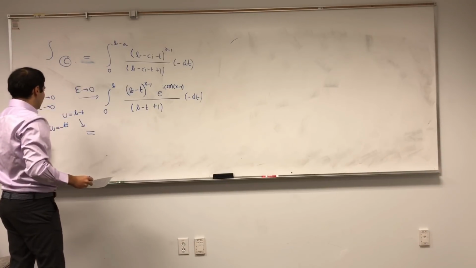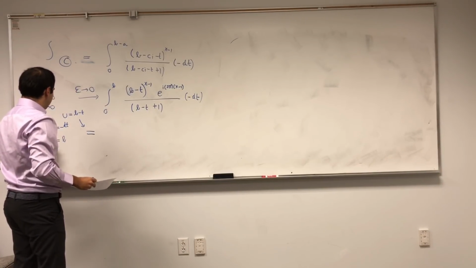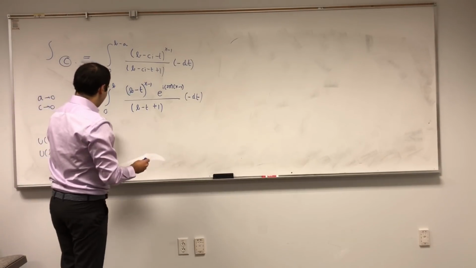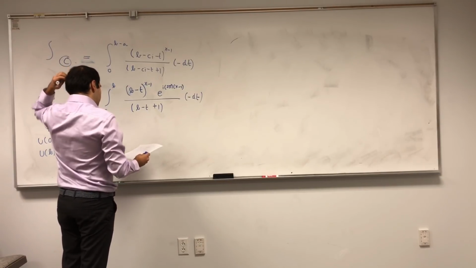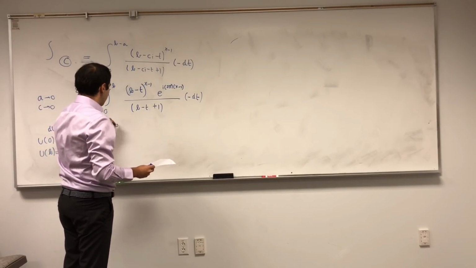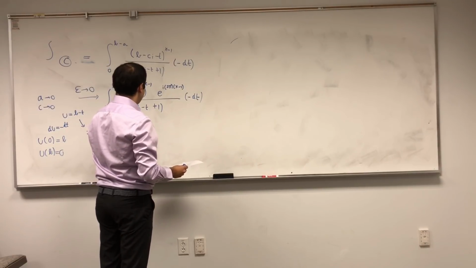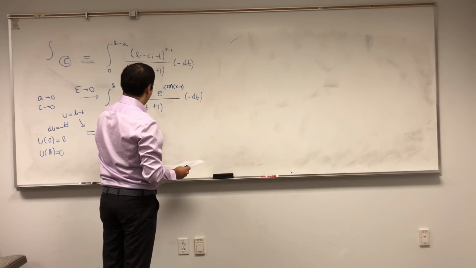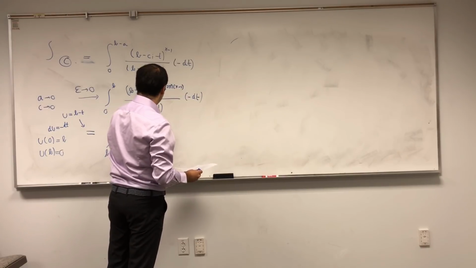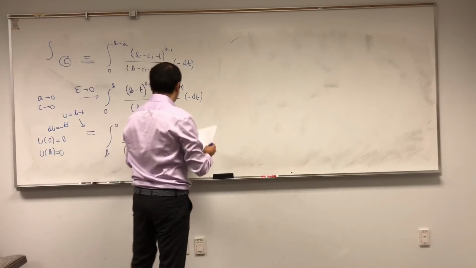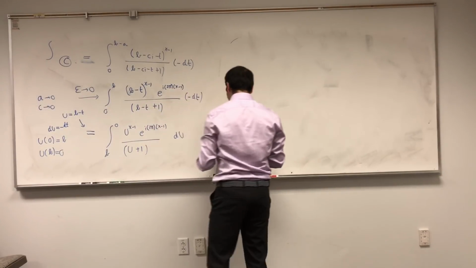Then u of 0 is b, u of b is 0, so you have the integral from b to 0 of u to the x minus 1 e to the i 2 pi to the x minus 1 over u plus 1, and then minus dt is du.